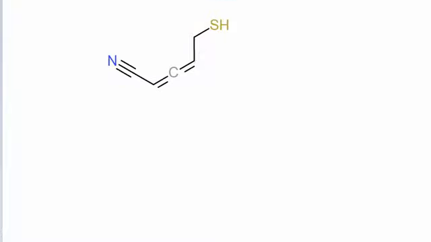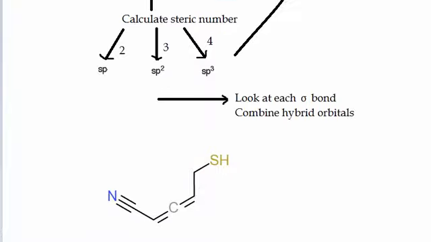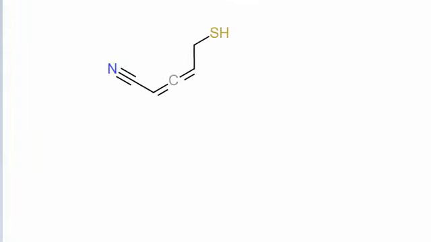Okay, so the first thing you want to do when you start to determine the hybridization is simplify whatever it is that you're looking at. Say we have a molecule that looks like this. Well, the first thing that's going to trip you up, if you're unfamiliar with line wedge form, is not figuring out where the extra hydrogens are, and the lone pairs, because you need that to calculate your steric number.